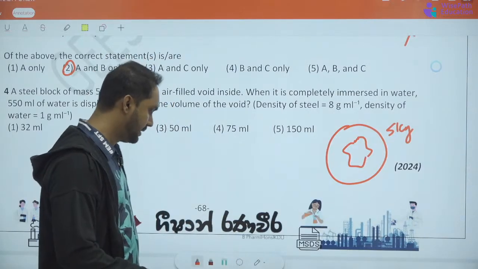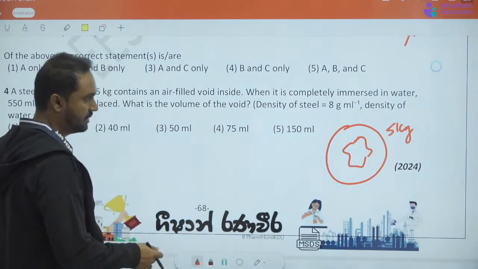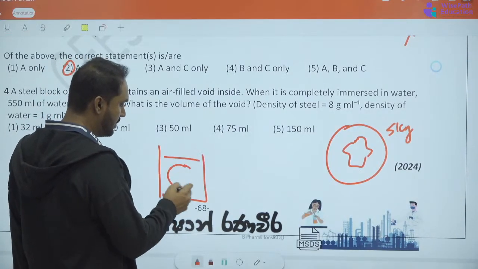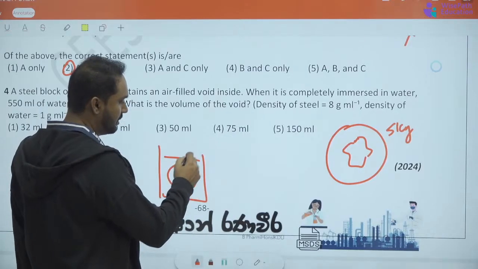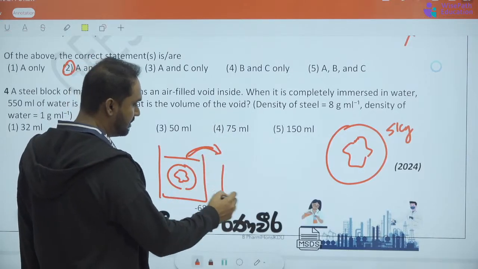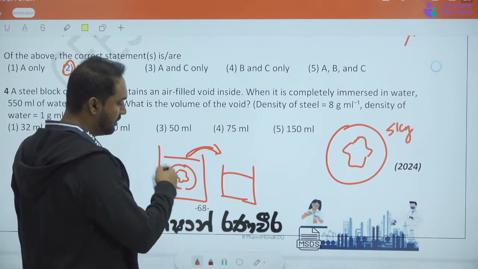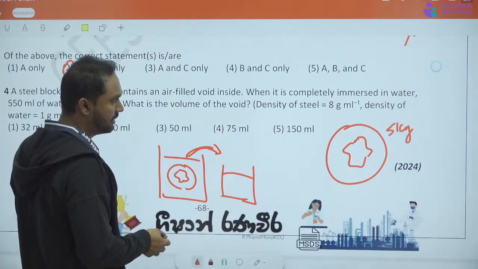So this is Archimedes: when you immerse the object, volume will be displaced, and that volume is equal to the volume of the whole object.